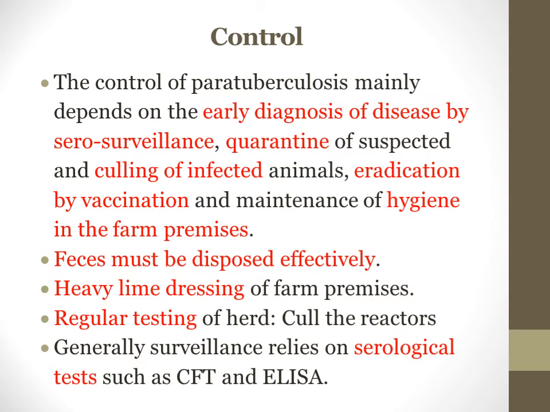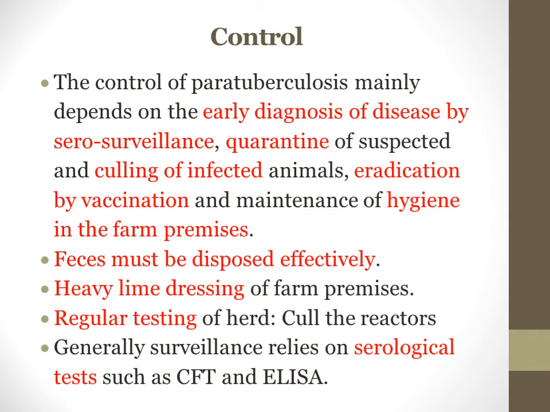Feces must be disposed of effectively because the feces spread the disease. Feces contaminate many things, water, food, etc. Heavy lime dressing in the farm premises also helps to a great extent because the lime kills the organism.